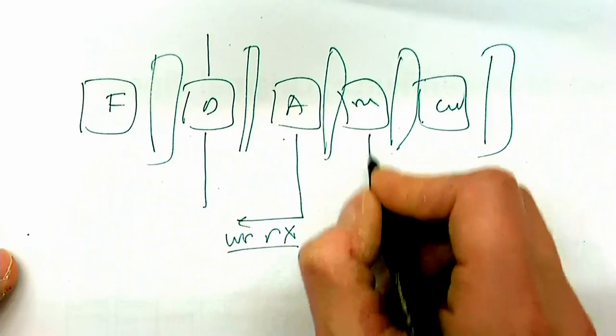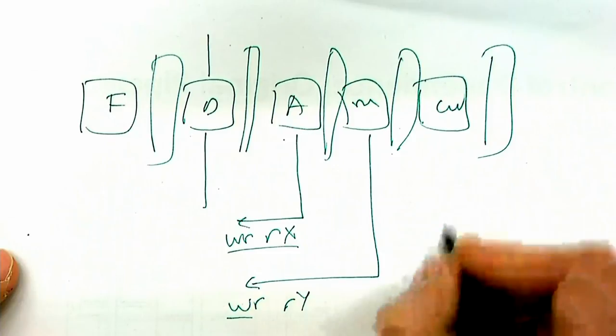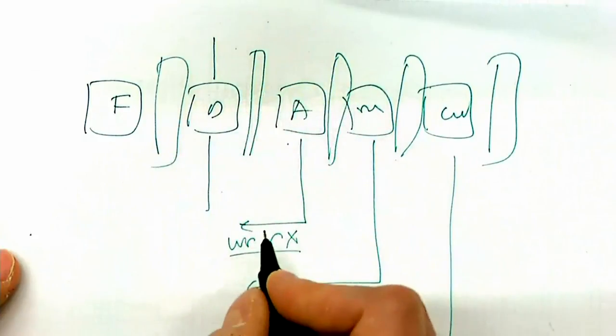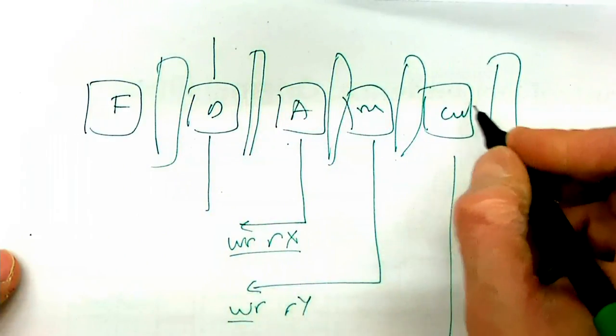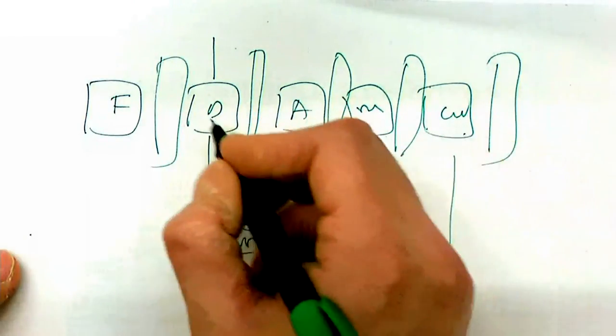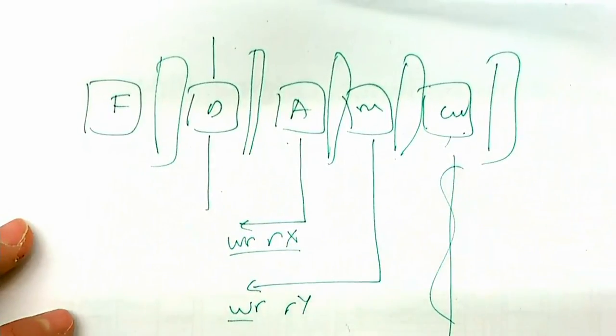Another instruction may be writing to register, I don't know, Y. Another instruction may be writing to register Z. In order to stall this instruction, let's ignore the write back part, because we're going to assume that you can write to the register file and read from the register file in half cycles. Let's ignore that for now.